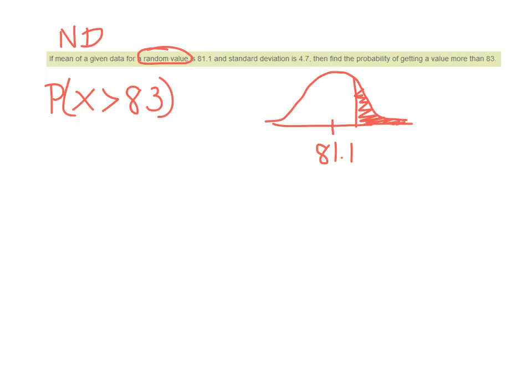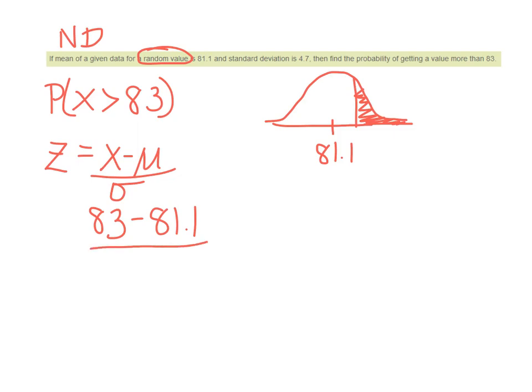One more time, we need to set this up with a z instead. So we're going to calculate our z: x minus mu divided by sigma. X is going to have a value of 83, take away our mean of 81.1, divide by our standard deviation of 4.7. This value has to be rounded, so z is 0.40.